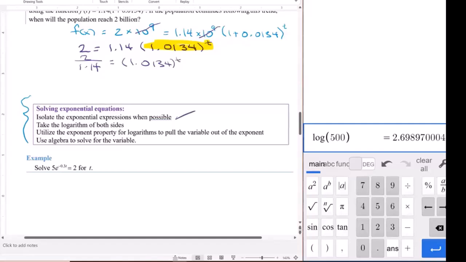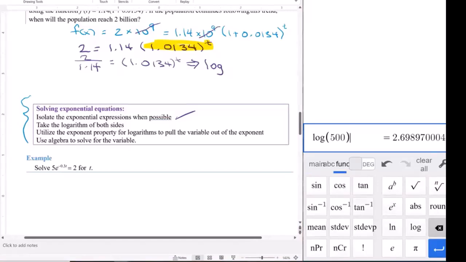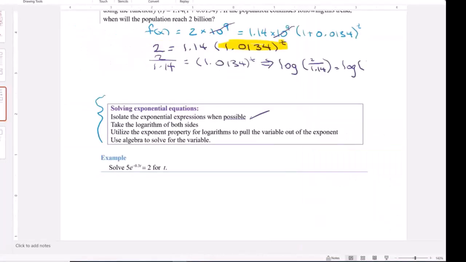So check. Next, take the log of both sides. And I can use either log or I can use ln. It does not make a difference. But I'm going to use the log of both sides since that's all we've really dealt with so far. And that's going to equal the log of 1.0134 to the t power.